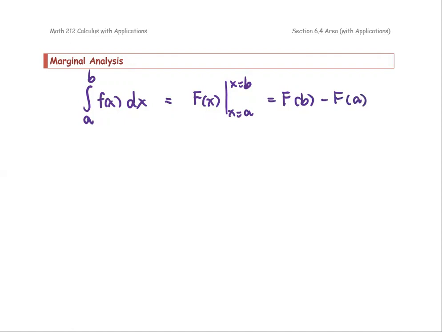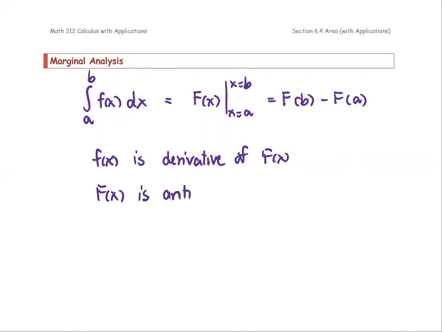The relationship of the lowercase f of x and the capital F function is that f of x is the derivative of the capital F, or we can say the uppercase function F is the antiderivative of the lowercase function f of x, which is the integrand of the definite integration.